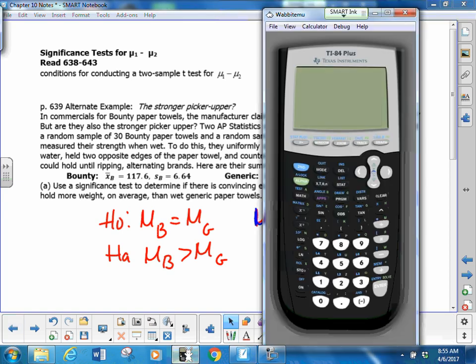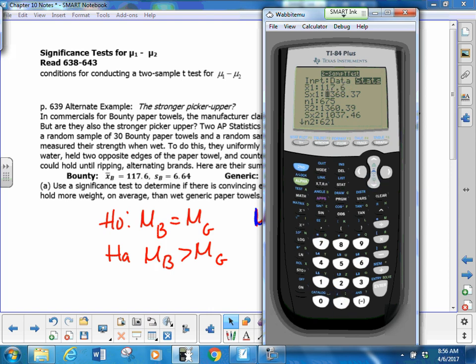Okay, so let's go to our calculator. We're going to go to stat. We want to go to test, and we want a 2-sample t-test. And we're going to input stats again. So x1 is 117.6.